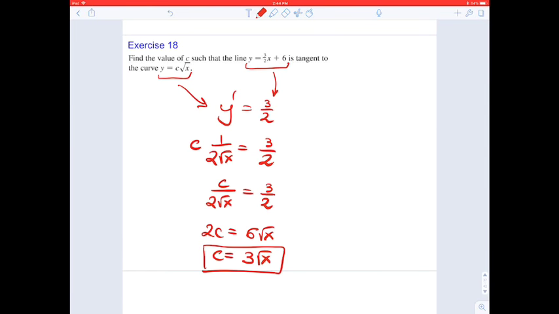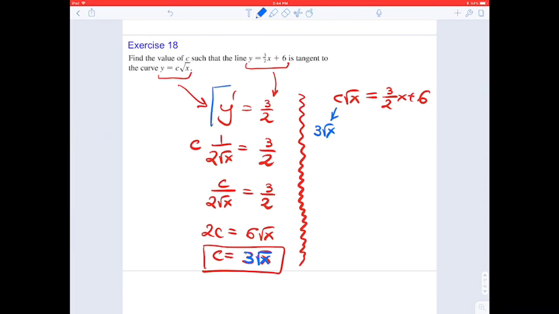Like the previous problem, I have to probably use the same equation that I did. Since the curve c root x has one common point with its tangent, we can find this point. 3/2 x plus 6. And I know that c is defined as 3 root x. I just get this from my concept.